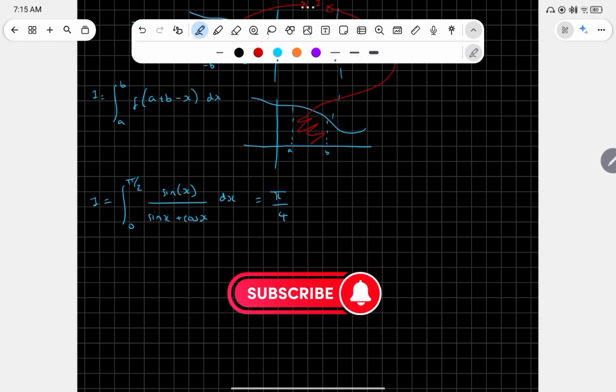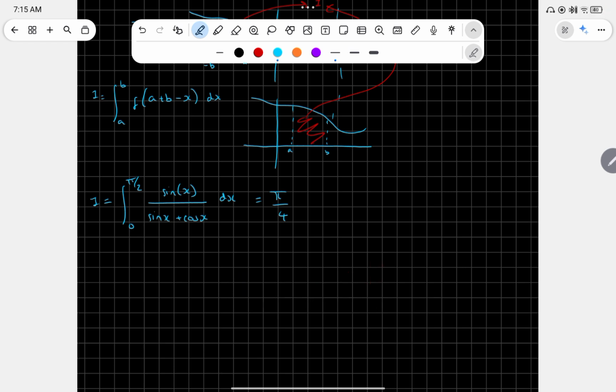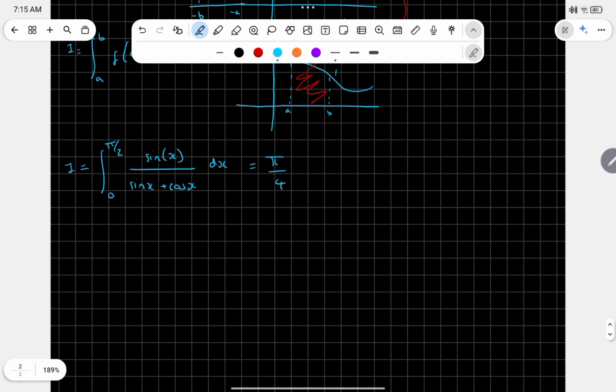However, there is another very slightly different way of doing it, which is a u substitution. Let's substitute x is equal to pi over 2 minus u. So dx is going to be minus du. So we have I is equal to, substituting pi over 2 and 0 for u, and we get pi over 2 to 0.